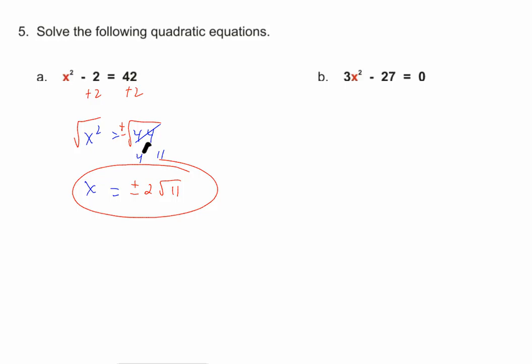I'll do it up here while you're doing it down there. Same idea. Oh, it's quadratic. Do I want to solve it by factoring? Do I want to solve it by roots? Or do I want to use the quadratic equation? Oh, there's no x to the first power term.